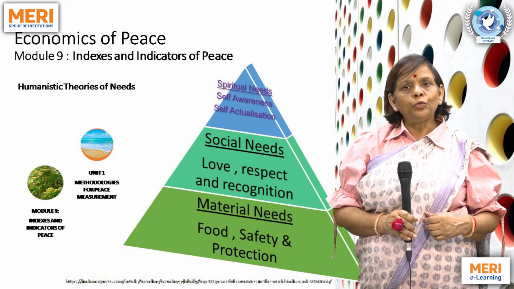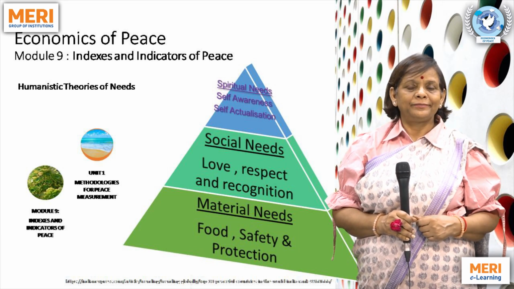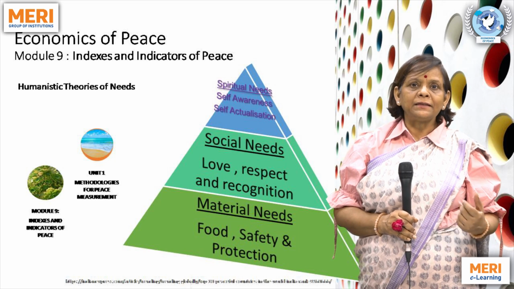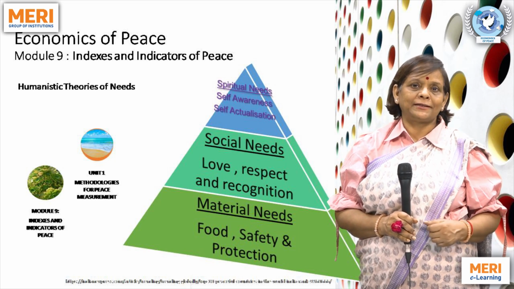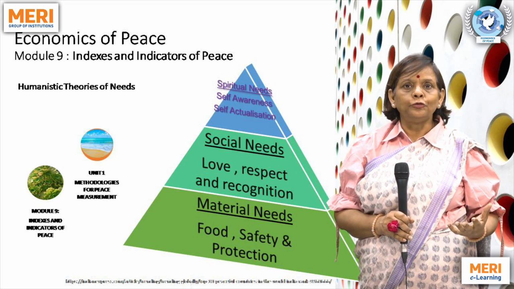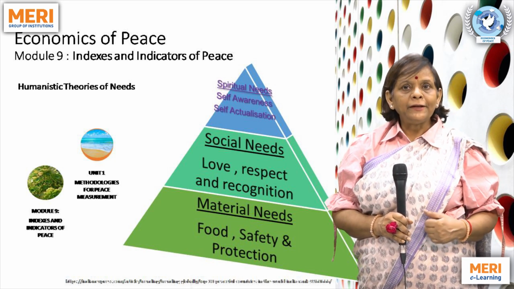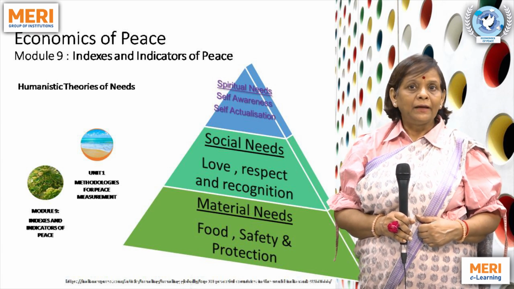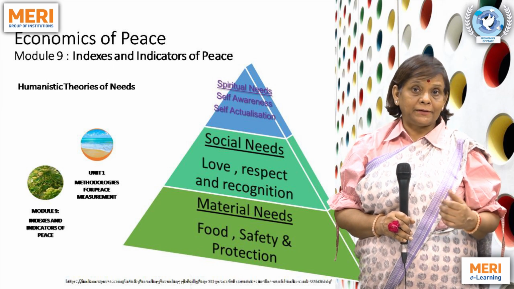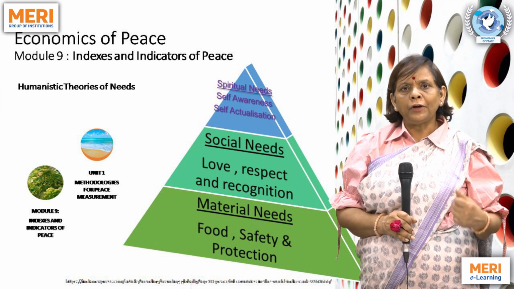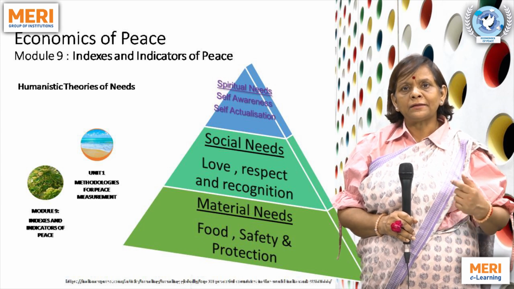There are two well-known humanistic theorists, Carl Rogers and Abraham Maslow. The pyramid presented here shows the hierarchy of needs. Safety and security, along with food or hunger and shelter, are the base of the pyramid. These are also the material needs. Does it mean that war is a result of the failure to meet basic human needs?